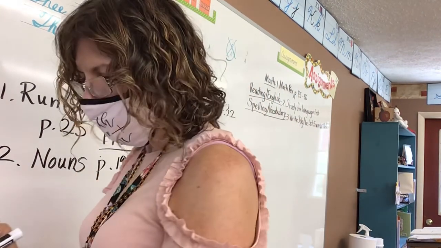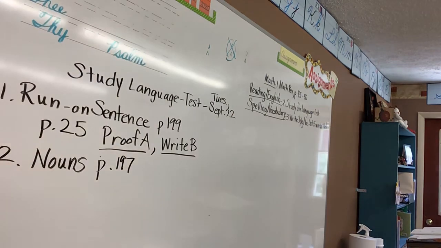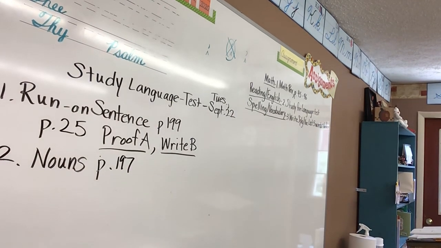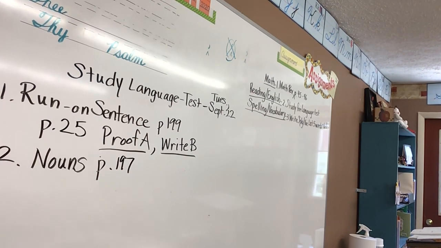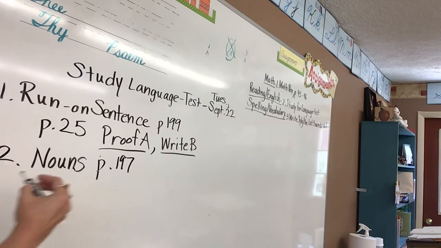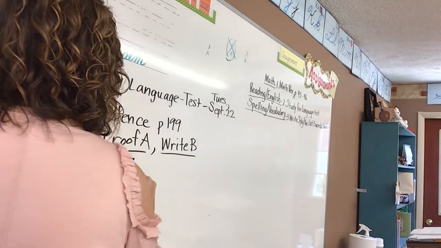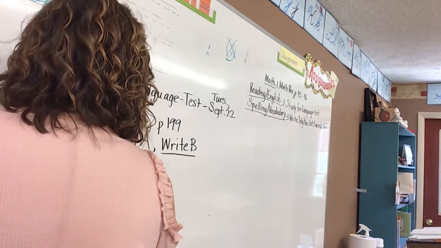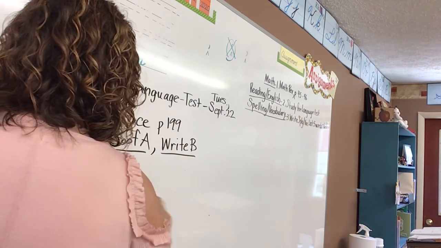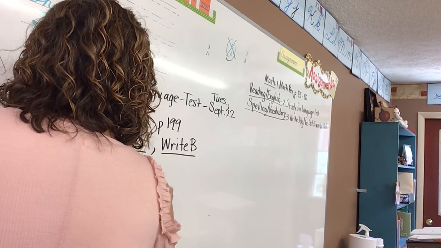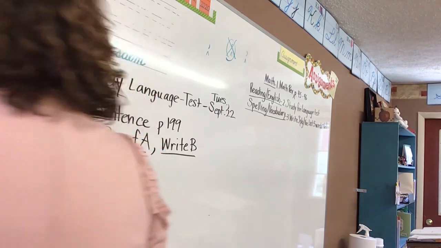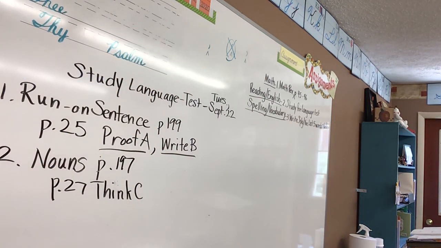Alright, but for studying purposes, the nouns were on today's paper, right? Page 27, think C. So underneath that, I want you to put page 27, think C. Think C. That is what you're going to have to do on the test.